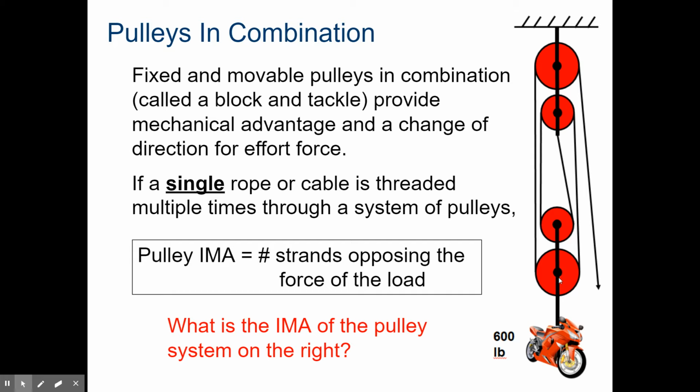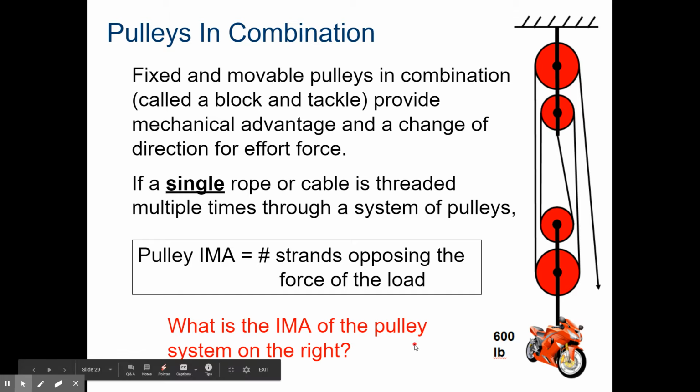If we have a single rope or cable threaded through all the pulleys, which we do, starting here, going up, around, and around, and up, and around to here. It's a single strand. What is the IMA of this pulley in this situation?